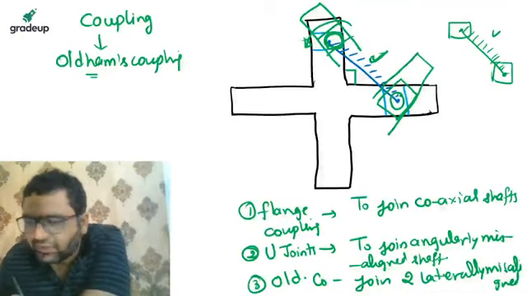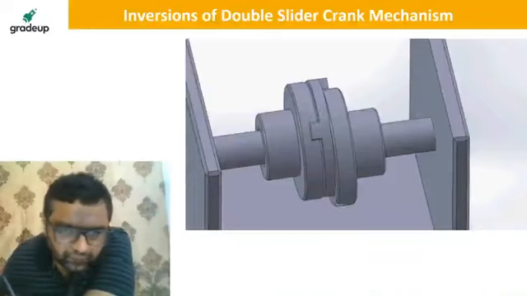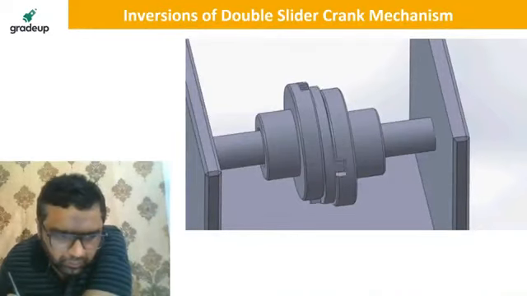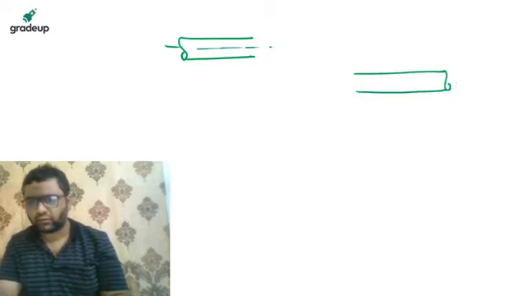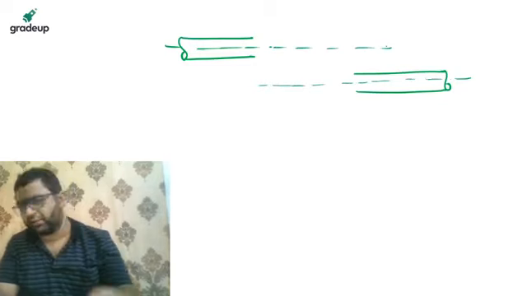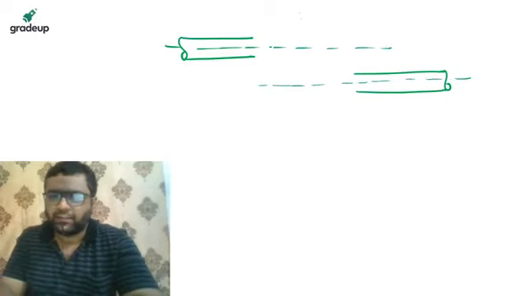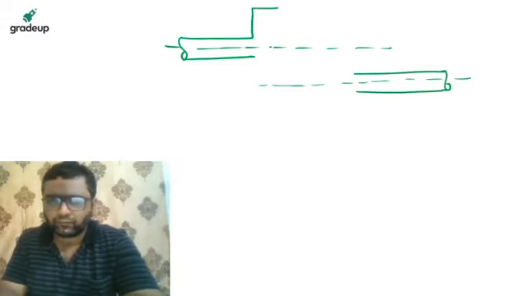How laterally misaligned? I am showing you that. First see the line diagram. This is one shaft. This is another shaft. So there is some lateral misalignment between them. And in between there will be coupling. How the coupling is going to attach, I am showing you that. First of all, I will be showing you manually.